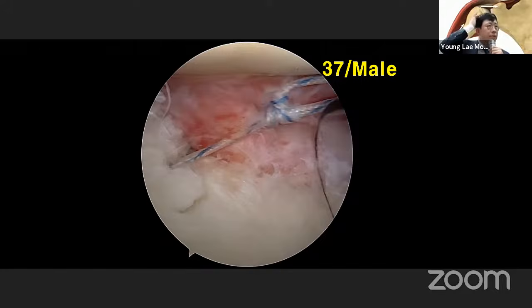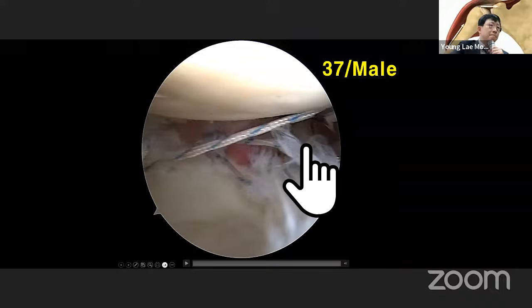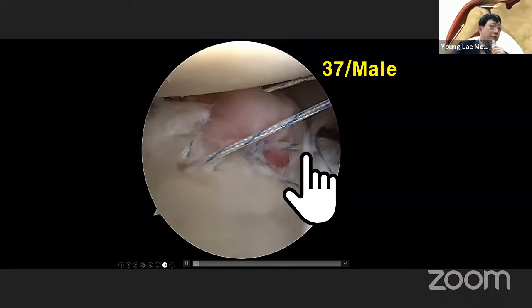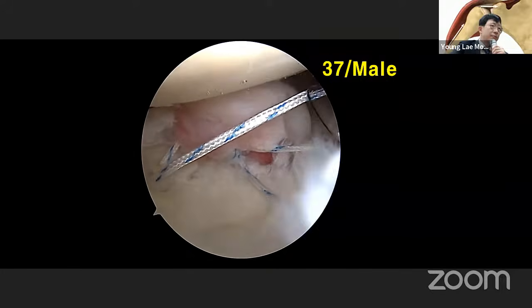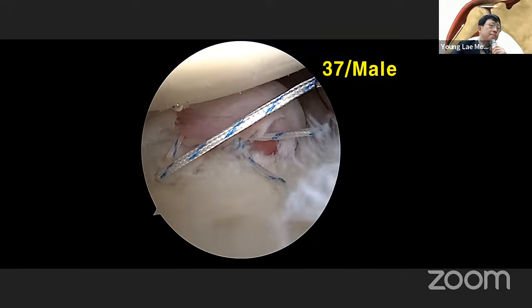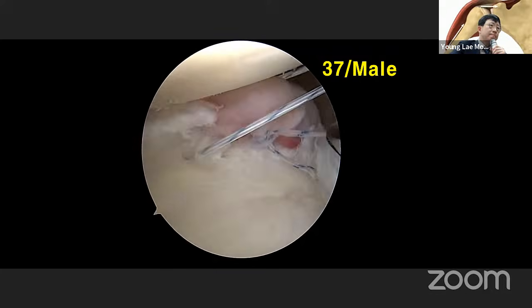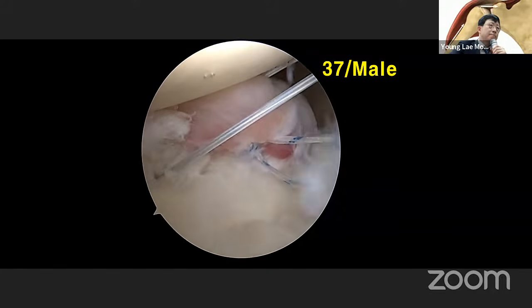As you know, this kind of bony Bankart lesion involves both fracture reduction and labral fixation simultaneously. And I add additional stitches for not having slippage again.